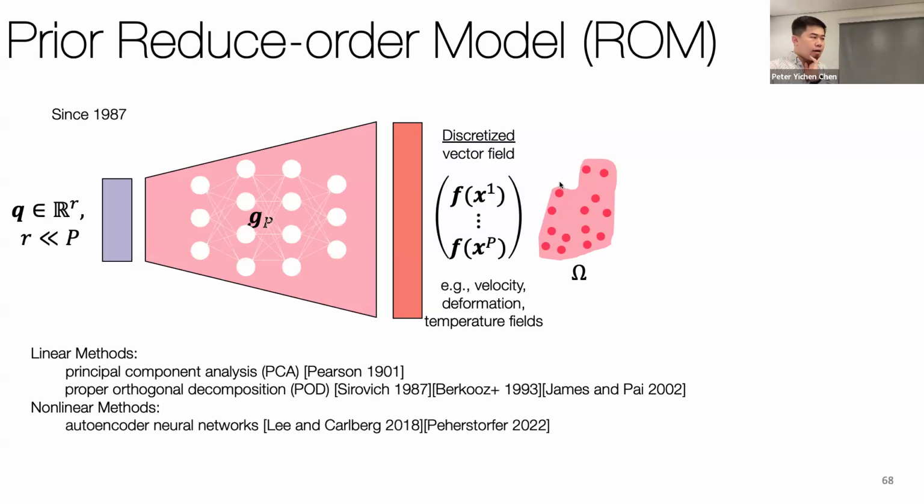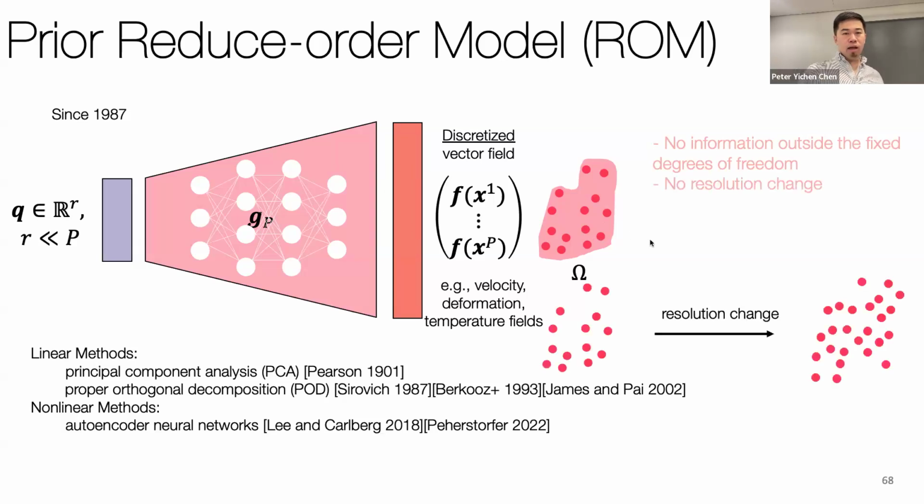More recently, people started to use neural networks to do this. This is a nonlinear approach, which has lots of benefits, in particular for capturing advection dominant problems. But regardless of whether you're using linear methods or autoencoder approaches, you're still stuck in this traditional architecture, which doesn't allow you to have information outside of these fixed degrees of freedom.